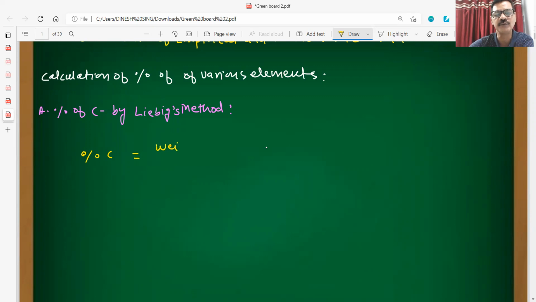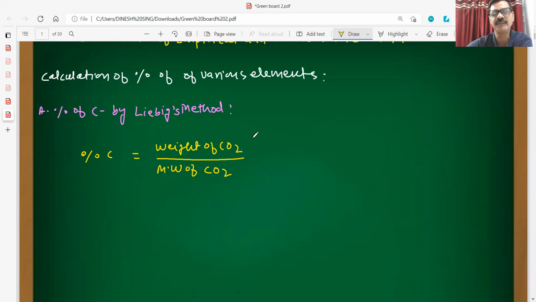Weight of CO2 divided by molecular weight of CO2. That will give what? Number of moles of carbon. And whatever are the number of moles of carbon, same will be the number of moles of CO2.